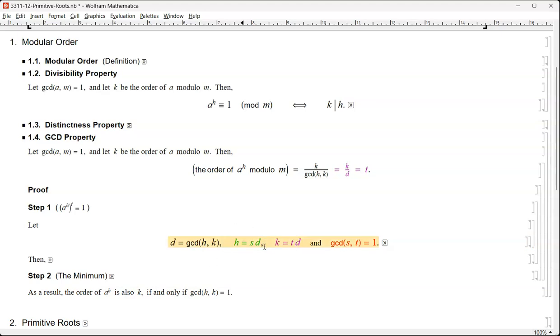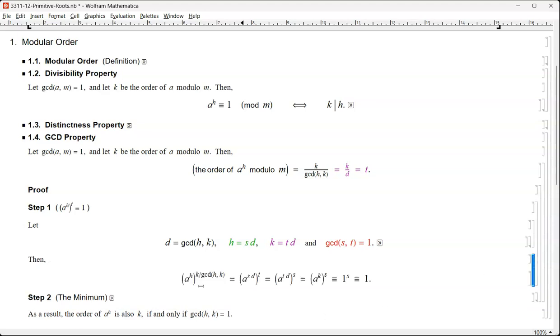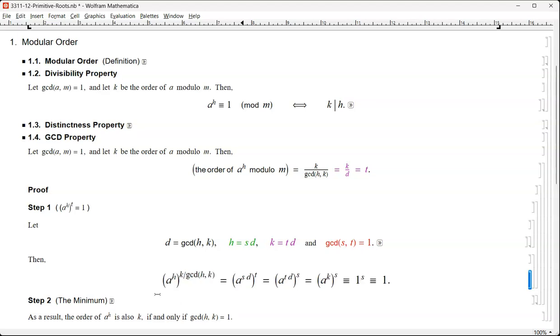These are common divisors, so H can be written as SD, K can be written as TD, and in particular, K over D is T over here. Therefore, let's do A to the H to this thing. Let me expand the font a little bit so that you can read the powers better.